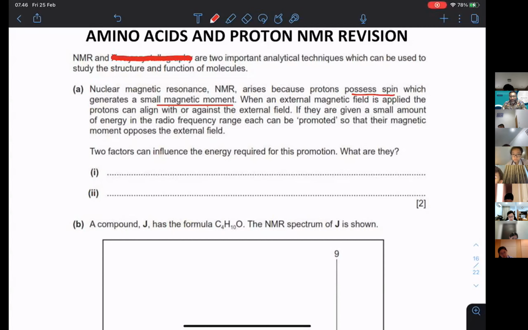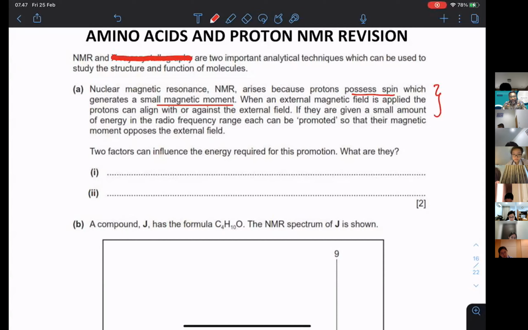When an external magnetic field is applied, protons can align with or against it. If they are given a small amount of energy in the radio wave frequency range, each of them can be promoted so that their magnetic moment opposes the external field. You can read it; I think it contains very good information about NMR.